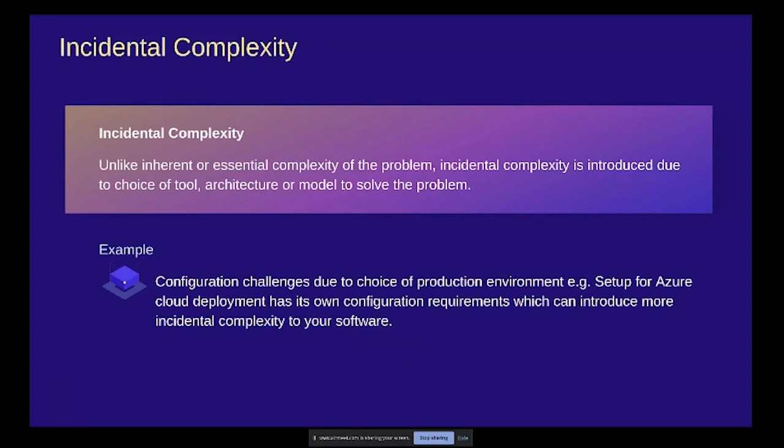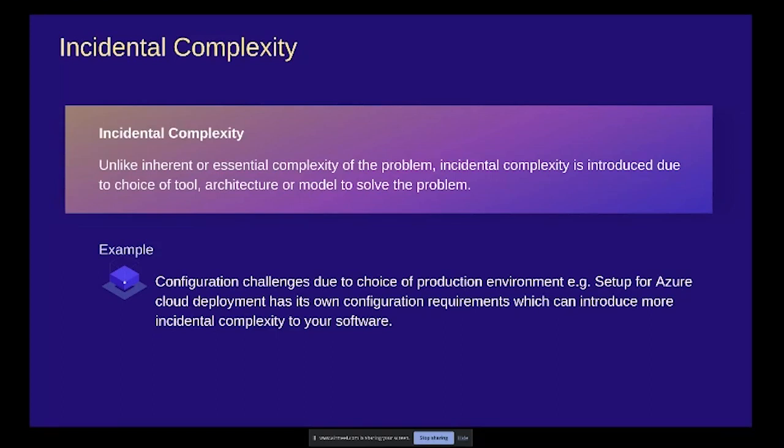When you talk about complexity in software, there's an inherent complexity involved with the problem you're trying to solve. For example, the compute complexity of the algorithm you're trying to implement. But outside of that, we also introduce complexity through our choices of the tools, architecture, and model that we use to solve the problem. These are referred to more as incidental complexity.